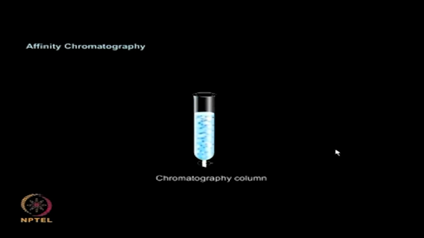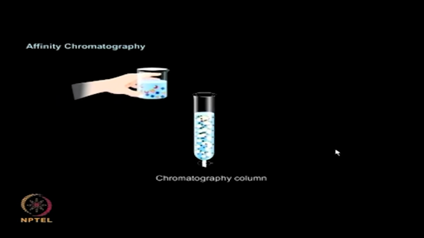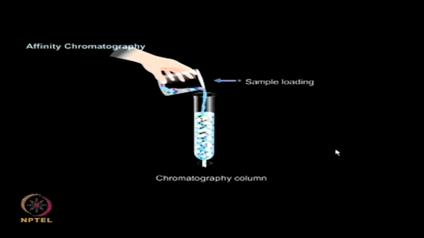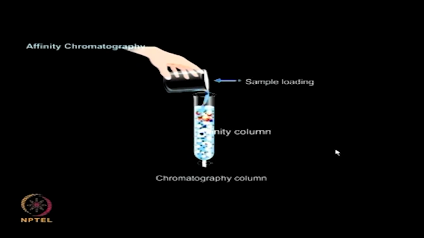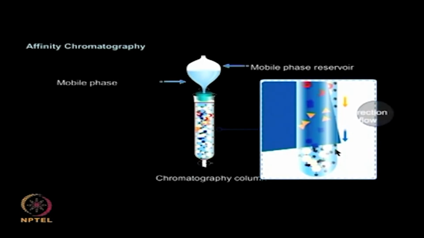Now, let us see the process in the following animation. The column is first packed with a suitable resin that has been covalently coupled to the ligand specific to the protein of interest. This derivatized affinity column is then loaded with the protein mixture containing various proteins having different properties and interaction specificity.